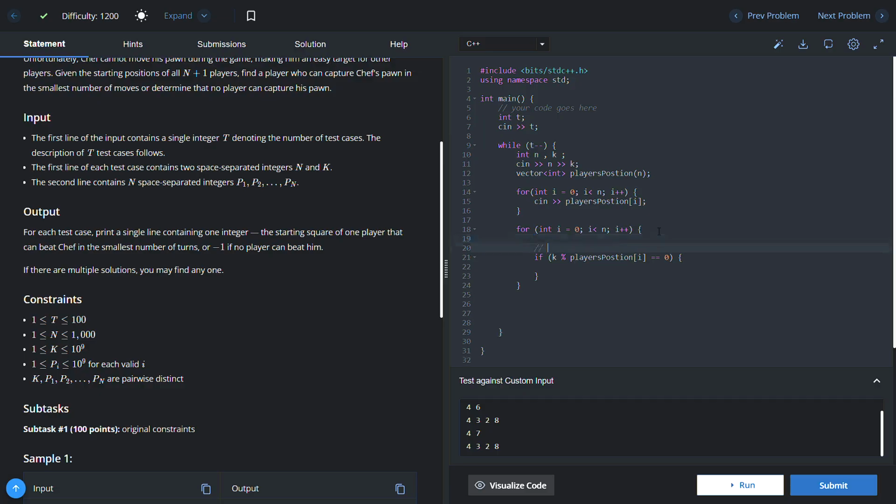That means the player is compatible to catch, right?